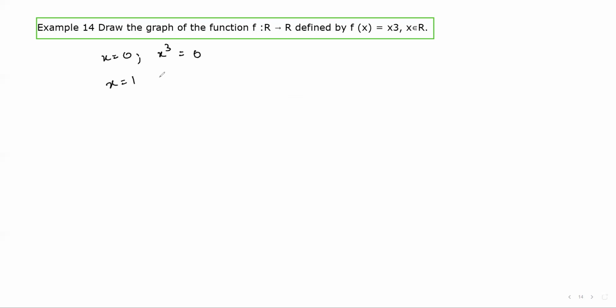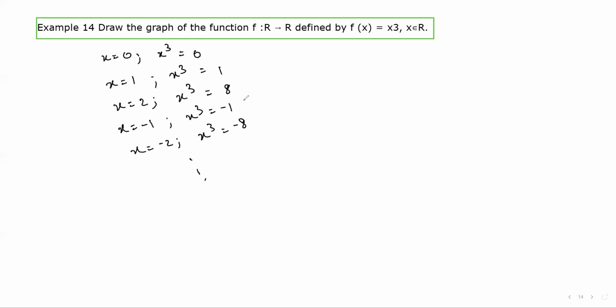When x is equal to 1, your x cube is 1. x is equal to 2, x cube is increasing. x is equal to minus 1, x cube is equal to minus 1. x is equal to minus 2, x cube is equal to minus 8, and so on. So when x is positive, your y is positive. When x is negative, your y is negative, which means you're covering the first quadrant and third quadrant.